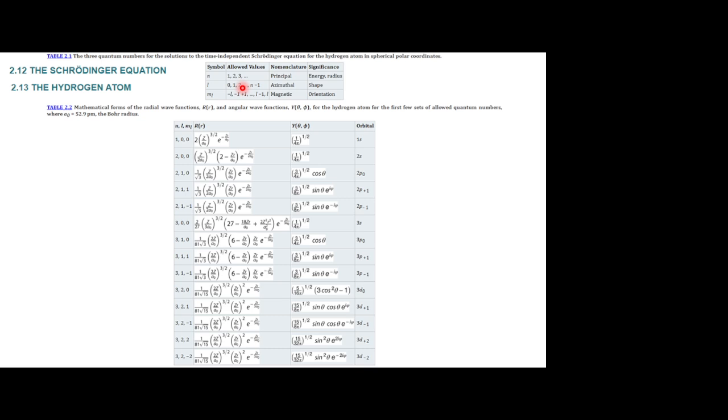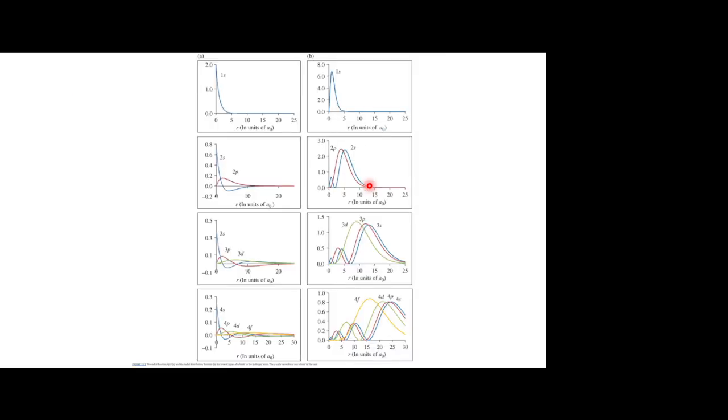That's the shape of that orbital, and nomenclature-wise, it's called the azimuthal. This right here is the magnetic number, and that gives you your orientation. Remember how there's 3 p orbitals? -1, 0, and 1? That's that. And then there's one last one, and that's the spin number.